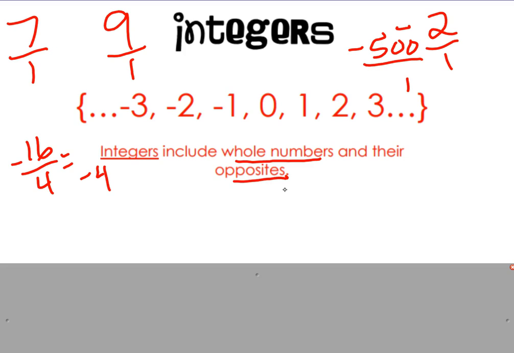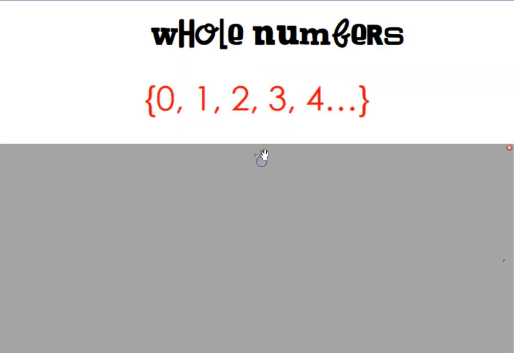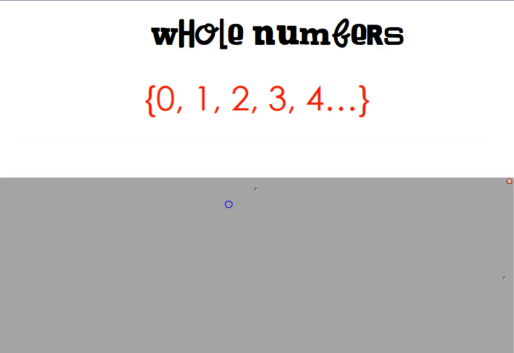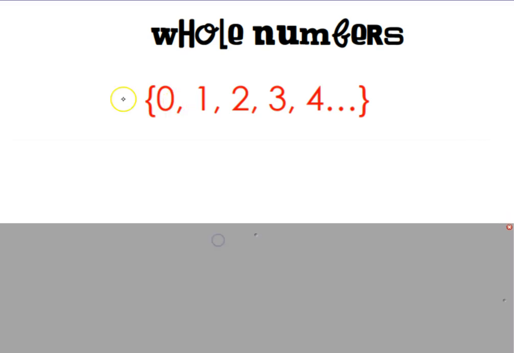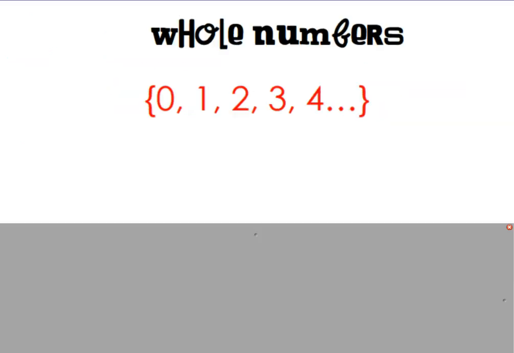The next category we're going to look at is whole numbers, okay? So we start with our number, and now we're thinking about whole numbers. Whole numbers only include positive numbers. So if you notice here, from the integers where we included our negative numbers, whole numbers do not include negative numbers.